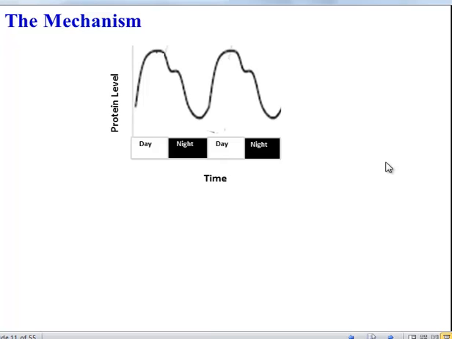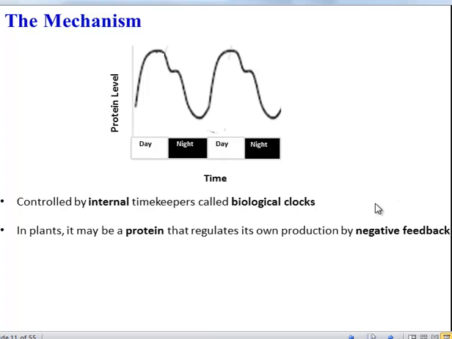Well, you might think that light and darkness trigger the behavior, but it's actually regulated by internal mechanisms, internal timekeepers called biological clocks. And these are found in the cells of plants as well as animals. Scientists don't know exactly how it works, but they think what might happen is that there's a protein in plants that regulates its own production by negative feedback.